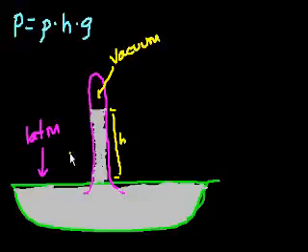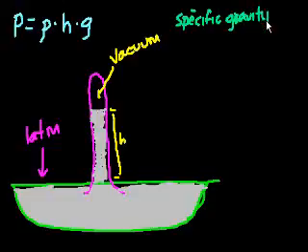Oh, and a couple of things we have to know before we do this problem. It's mercury, and we know that the specific gravity of mercury is 13.6. I'm pointing out the terminology because in a lot of these problems, the hardest part is the terminology.